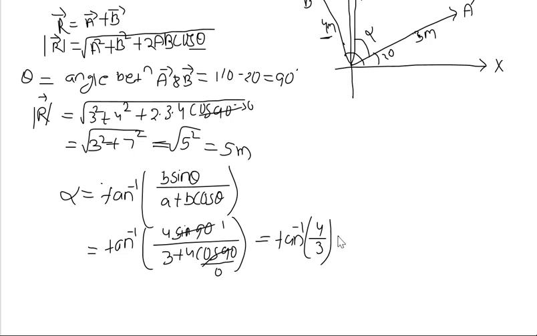If you calculate it by the right angle triangle, we find that the angle becomes 53 degrees. So alpha is the angle between resultant R and the A vector. The total angle which resultant R makes with the x-axis is 73 degrees, which comes as 53 plus 20 degrees.